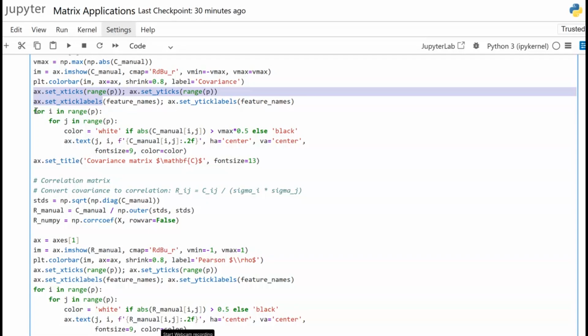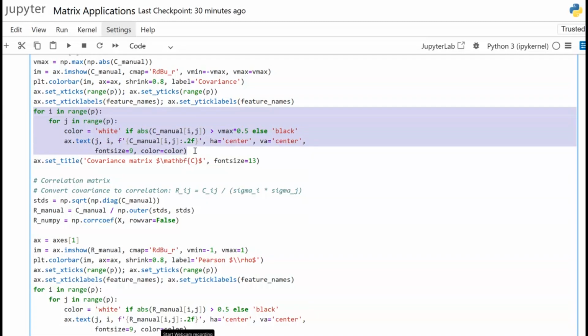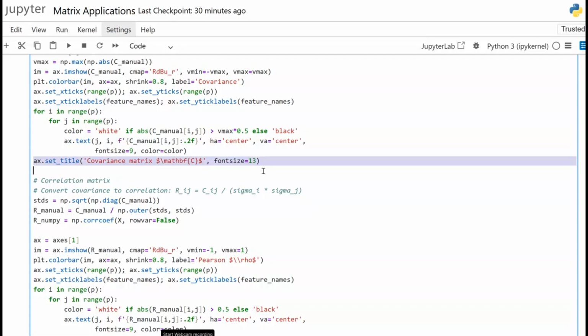And of course, we have a loop that writes the numerical covariance value inside each cell. We have also given the text color so that it adapts for contrast: white text for strong values and black text for weak. And next we have included the title, the exact title of that plot.